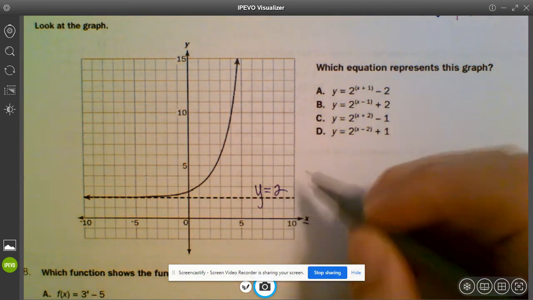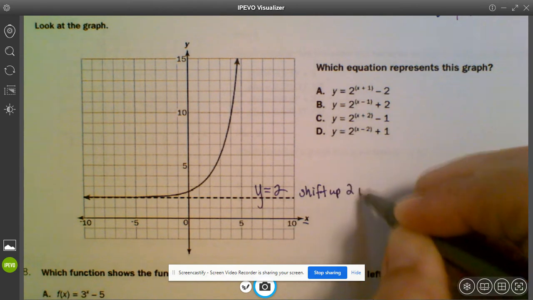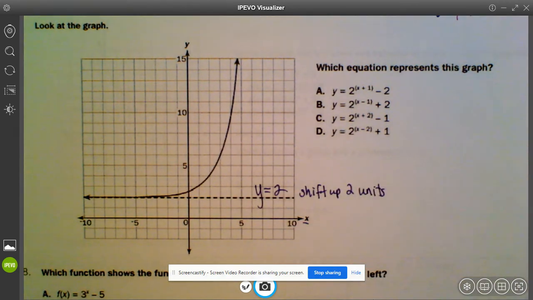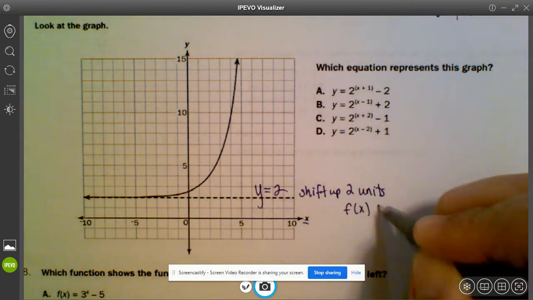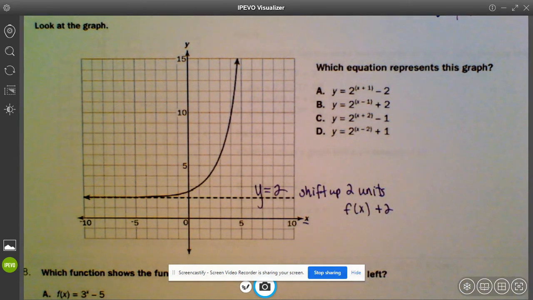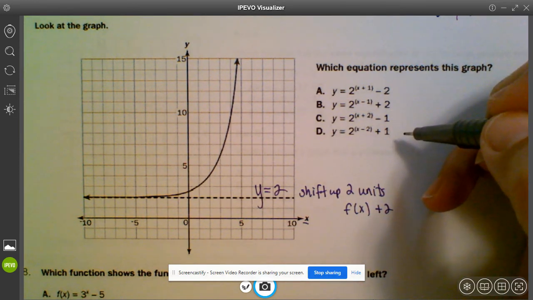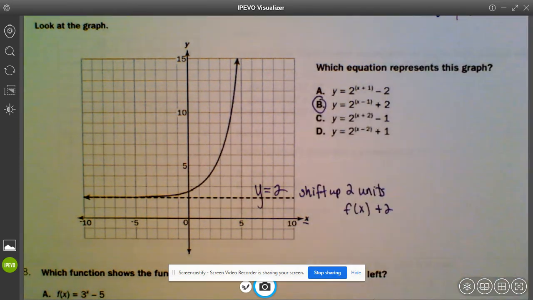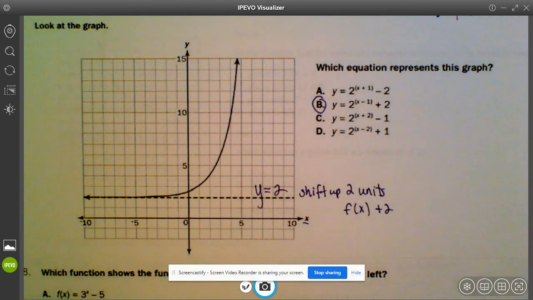So if my asymptote shifted up 2 units, then it looks like the original graph shifted up 2 units, which is, remember, f of x plus 2, which is the only one here that adds 2 to the function, the output value. I mean, I could talk about shifting this to the right, but let's not go crazy here.